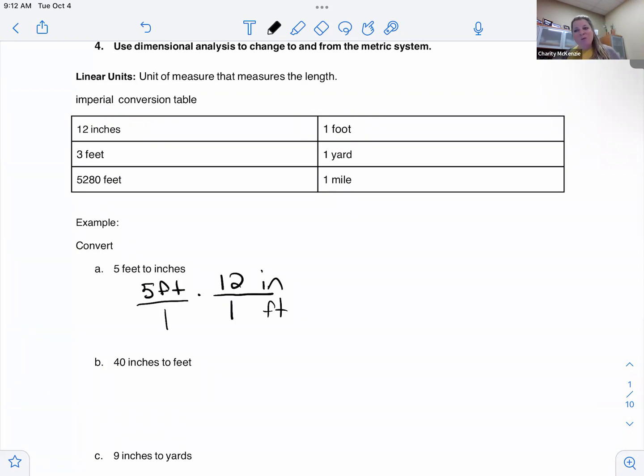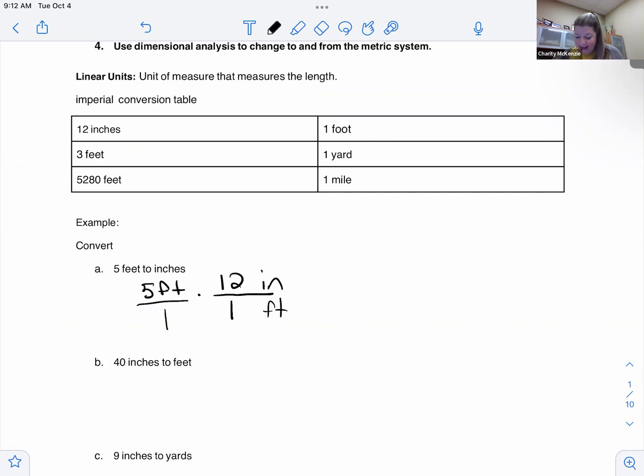This is a good way to set up every single conversion. I have feet, and I want the feet to be on the other one, and then I just write in whatever the relationship is that makes those equal. Then I just multiply straight across.